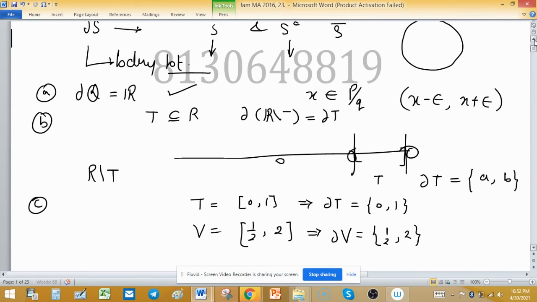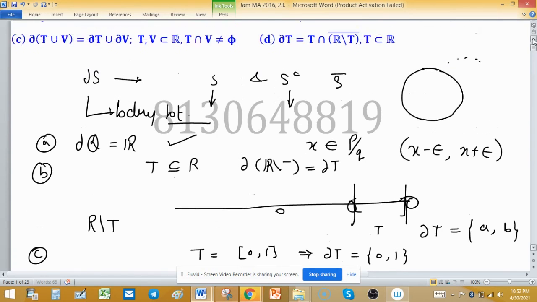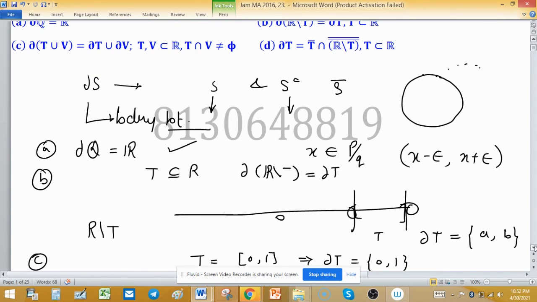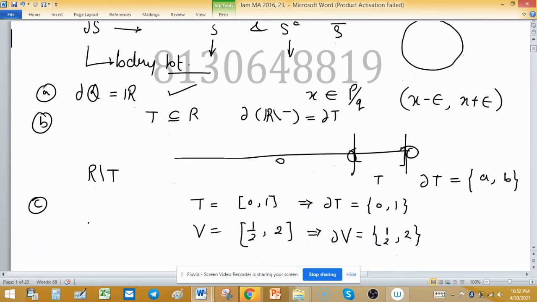We have to check T union V. So in T union V, half is inside of T, it means 0 to 2. This is T union V, and boundary points of this T union V are only 0 and 2.